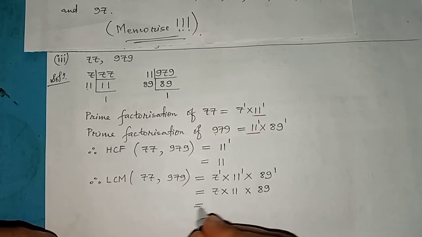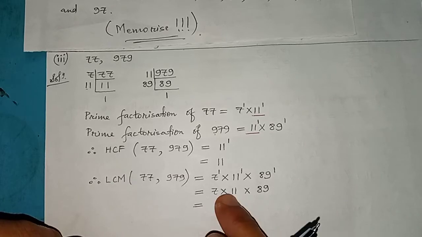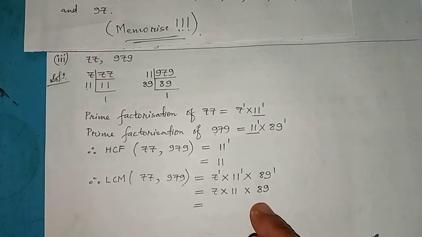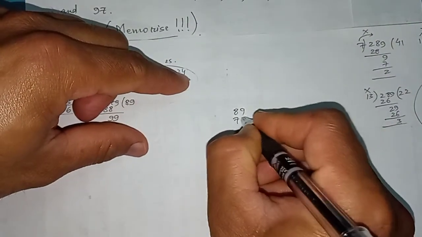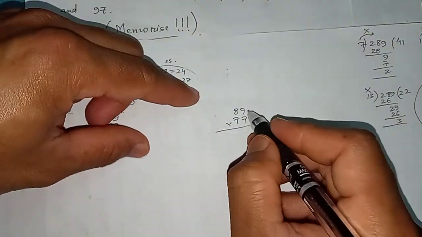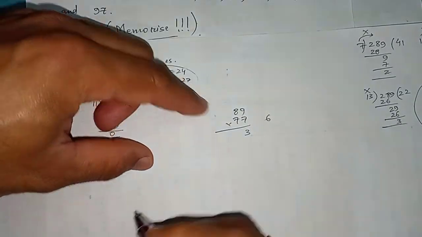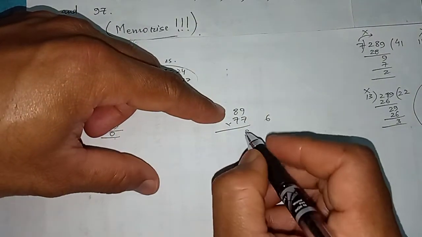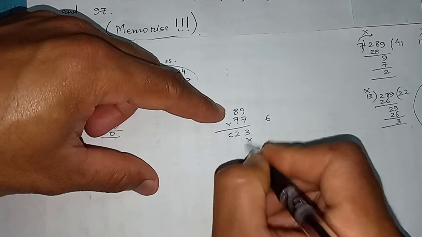Now we'll multiply 7 into 11, that is 77, and 77 into 89. So 9 7s are 63, 8 7s are 56, 56 plus 6 is 62.